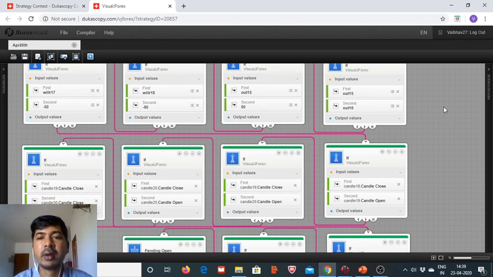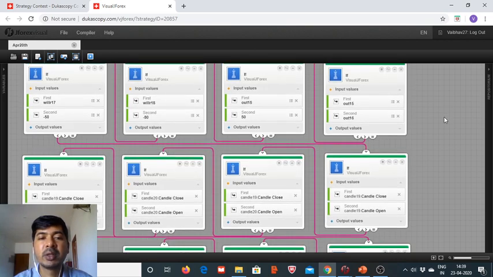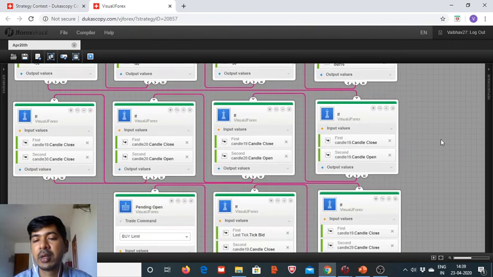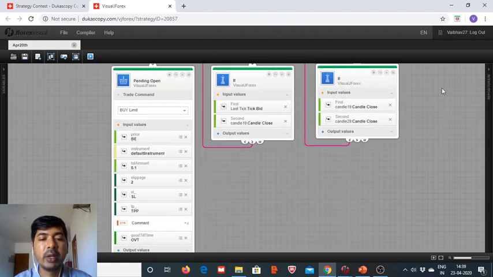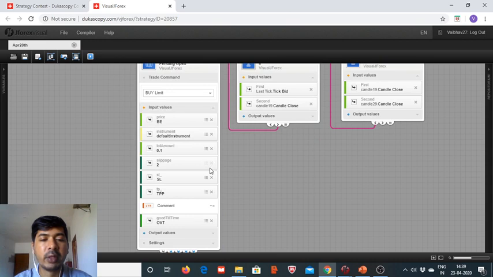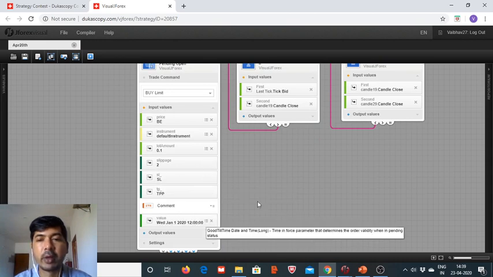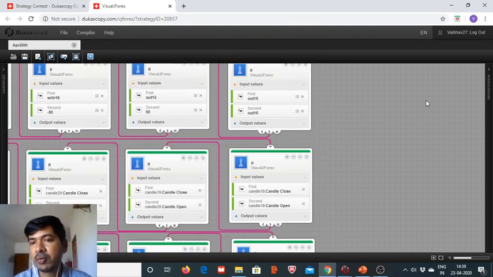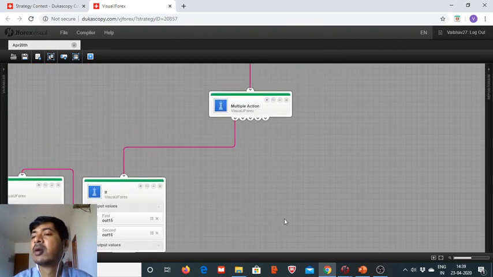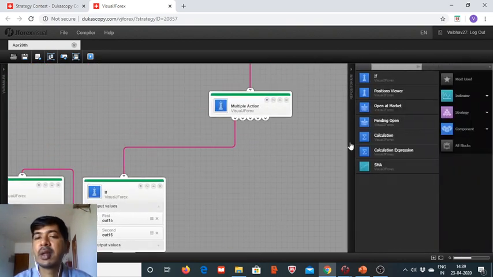So these are the if conditions which are helping us determine the buy entry point, and we have done this dynamic stop loss, target, and the order validity as well. So let us start today working on the sell side.